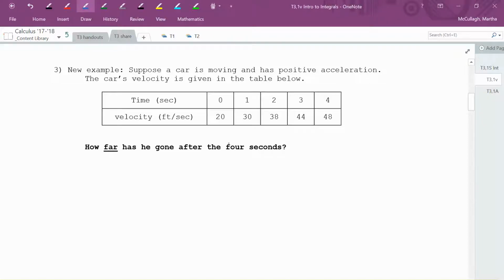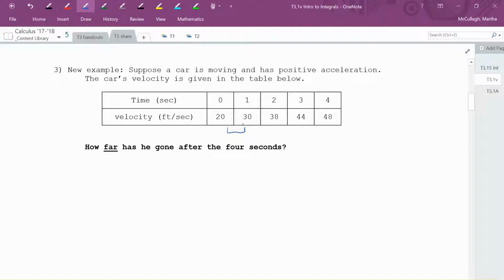Well, we don't really have a process for this yet. So what we want to do is say, what if we look at just this first interval of 1 second. During that 1 second, the slowest that this car might have gone for most of that second is 20 feet per second. The fastest that it might have gone for most of this 1 second interval is 30 feet per second.